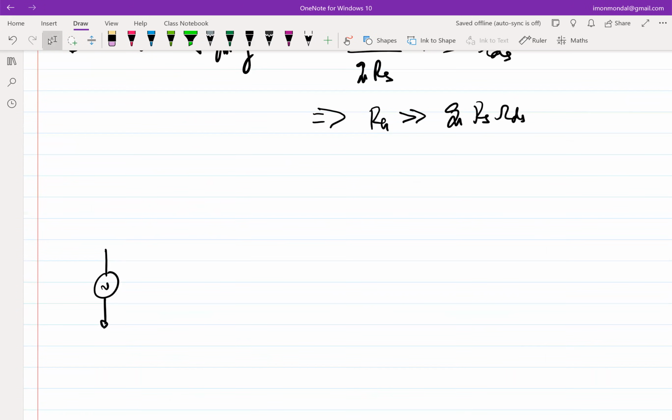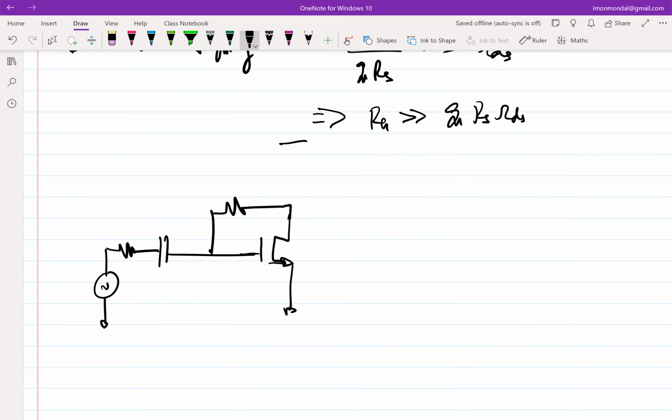Okay, fine. So let's do the next part of it. Let's stick to this. Let me ignore this RDS for the time being. I want to now figure out the swing limits of the input.